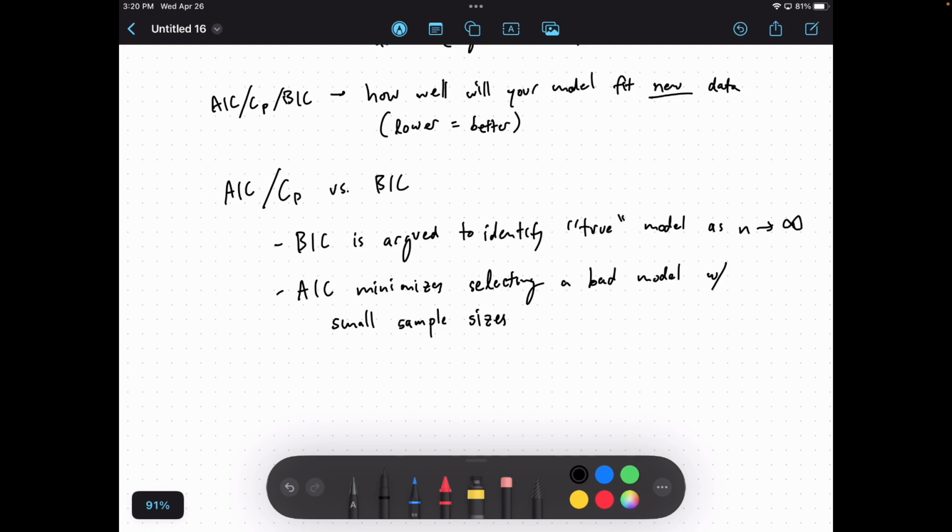In other words, BIC is better when you have a lot of data, and AIC is better when you have smaller samples. And where is the cutoff? I don't know. It's kind of arbitrary. It's based off of the principle of the equation itself. AIC is a more conservative measure, whereas BIC scales with the size of your data, right?